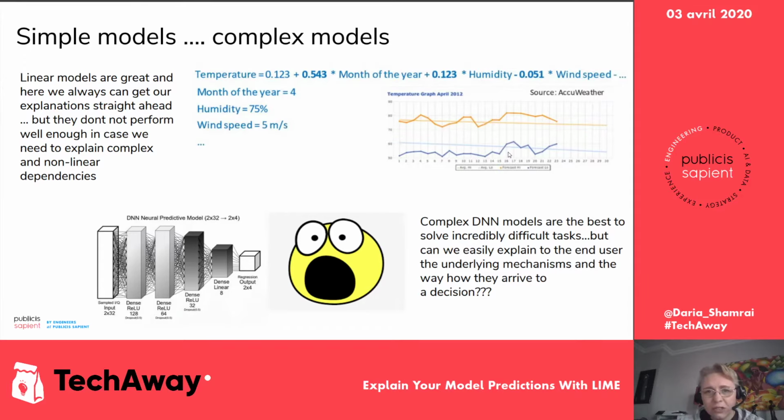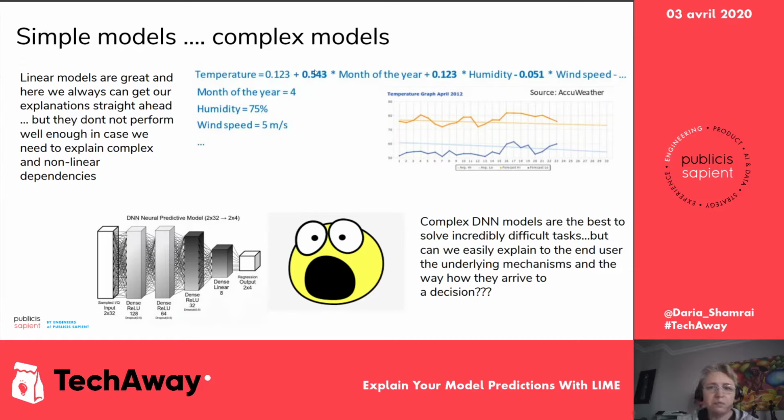And just to give you a little bit more idea about this story, what are simple models versus complex models? Linear models are great, and here we can always get an explanation pretty much straight ahead. You can see here an example of temperature prediction. You can see the weights in front of each feature, which contribute to the prediction value.